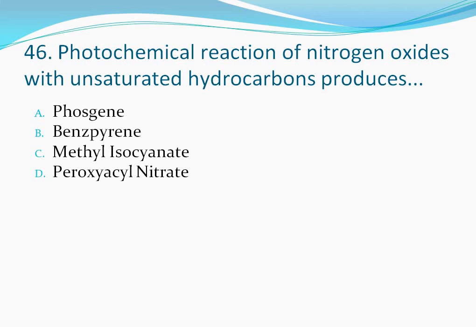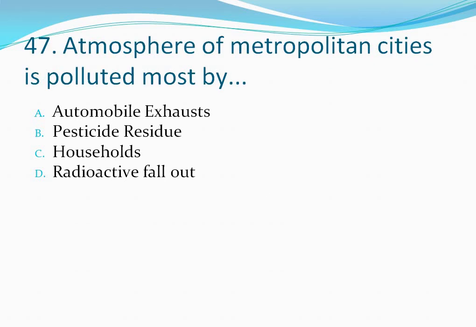Option D, peroxyacyl nitrate. Photochemical reaction of nitrogen oxides with unsaturated hydrocarbons produces peroxyacyl nitrate. So the correct answer is option D. Let's move to the next question.